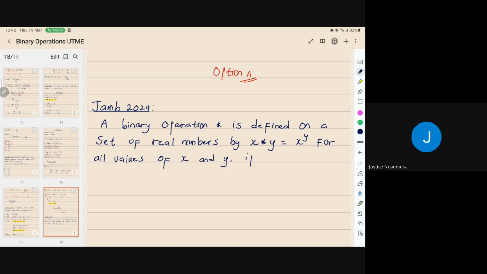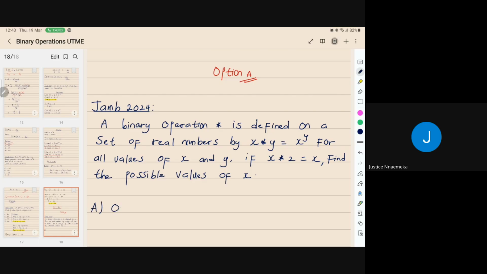So if x asterisk 2 equals x, they said we should find the possible values of x.